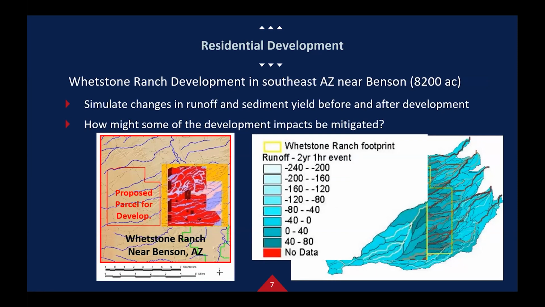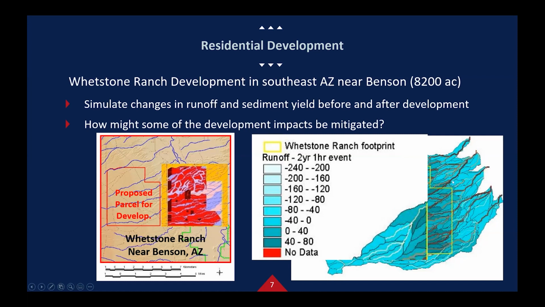This is another example of using the land cover change tool. We can incorporate, for example, an urban development within the watershed. That includes maybe potentially changing the channel system, as well as the change in cover, and model the result. So in this situation, we had an urban area being proposed within a subwatershed in San Pedro, and then we modeled the potential impact of that development.